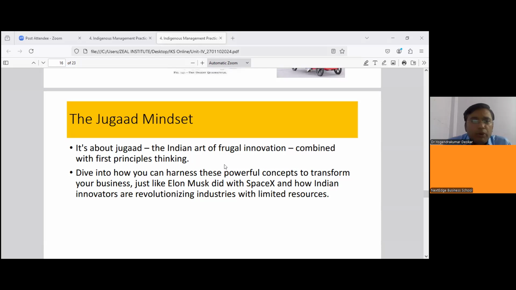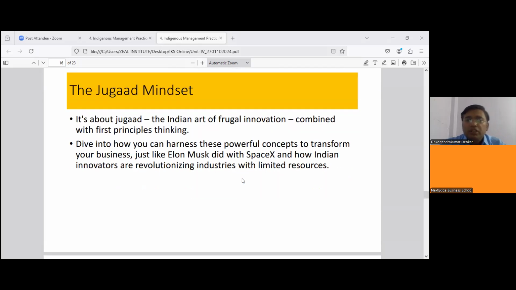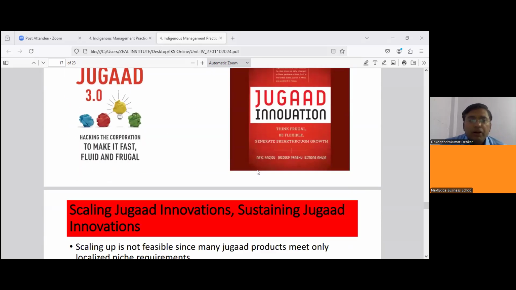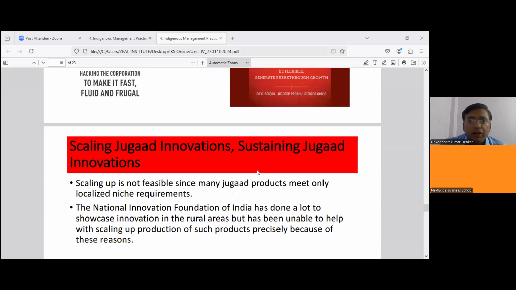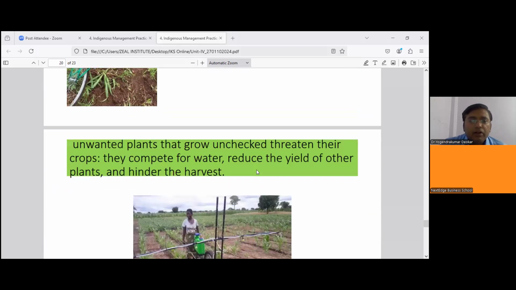Jugaad is the Indian art of frugal innovation combined with first principles thinking. Jugaad comes from the mindset that you can do a task using fewer resources, resources which are available in the market for the development.